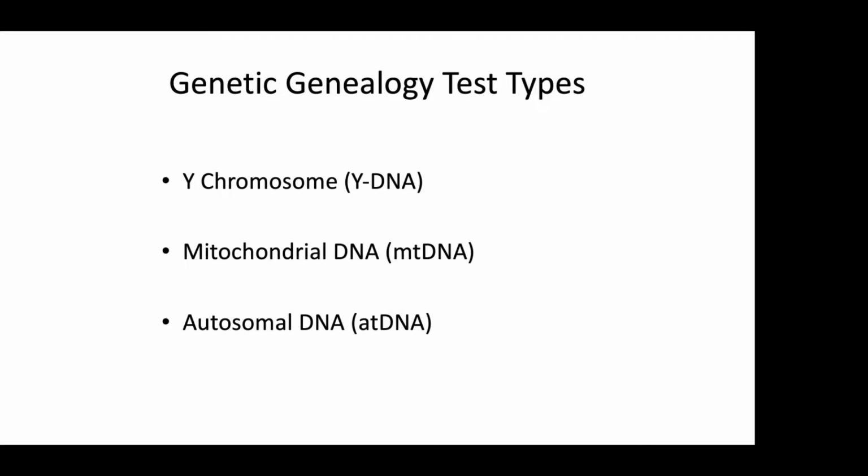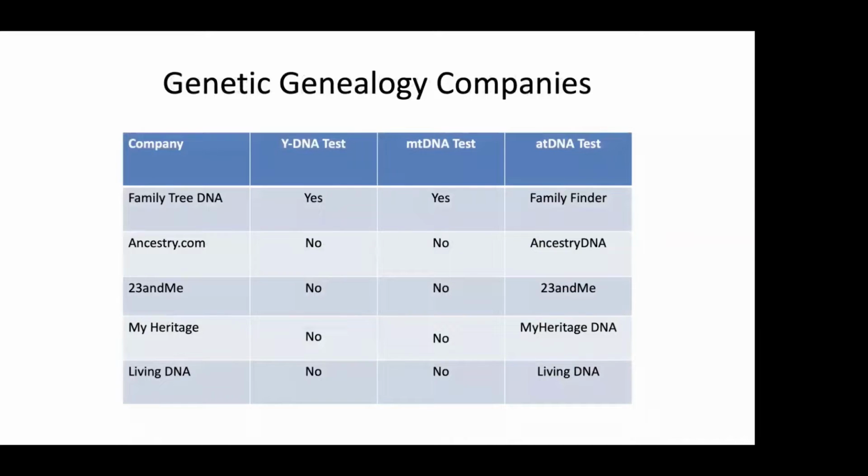There are 3 major DNA test types: Y chromosome testing, mitochondrial DNA testing, and autosomal DNA testing. There are 5 major DNA testing companies, and I have listed them in the first column: Family Tree DNA, Ancestry.com, 23andMe, MyHeritage, and Living DNA.